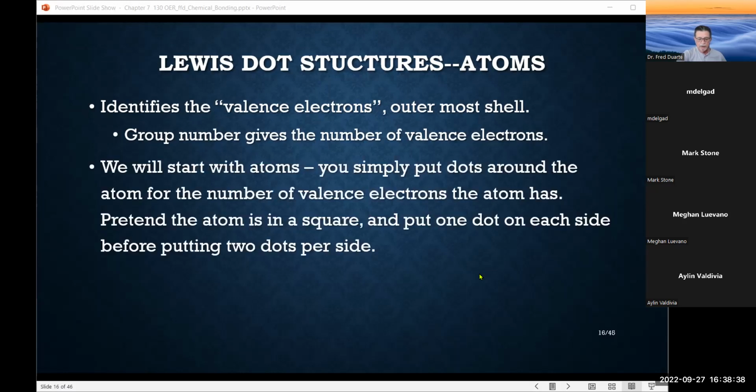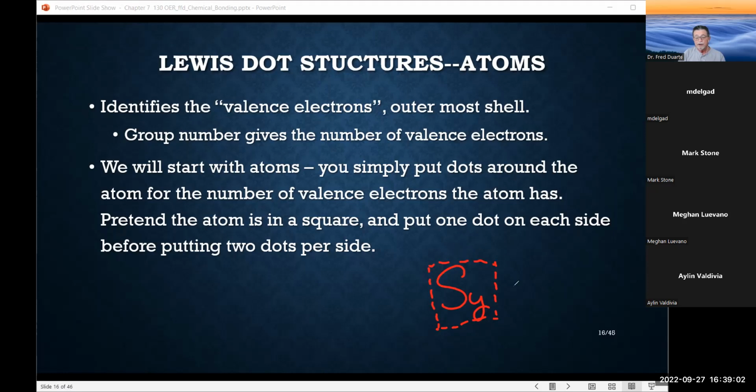The way we do this is we simply take the atom and think of the atom as a square box. Let's say I'm just going to use the symbol S. Imagine a square box around it. And we simply put the dots around.